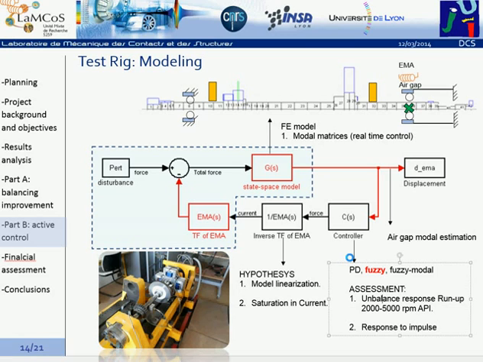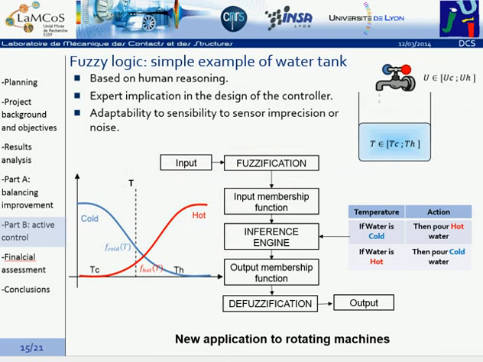So we're going to use first of all a PD controller, fuzzy and fuzzy modal controllers. And the way to assess this type of controllers will be to compare the response to unbalance and to impulse. I believe that fuzzy controllers are quite interesting to analyze separately, so I'm going to do a short introduction to them.